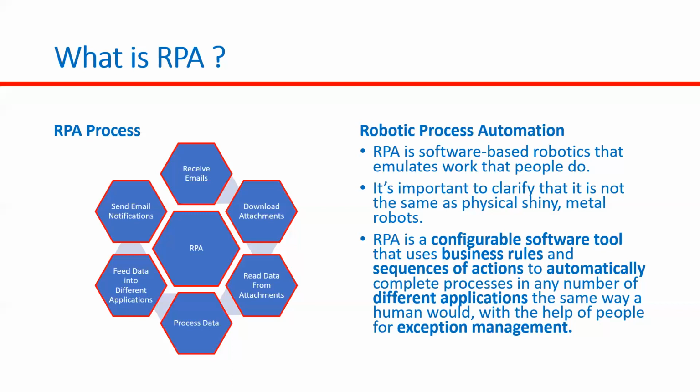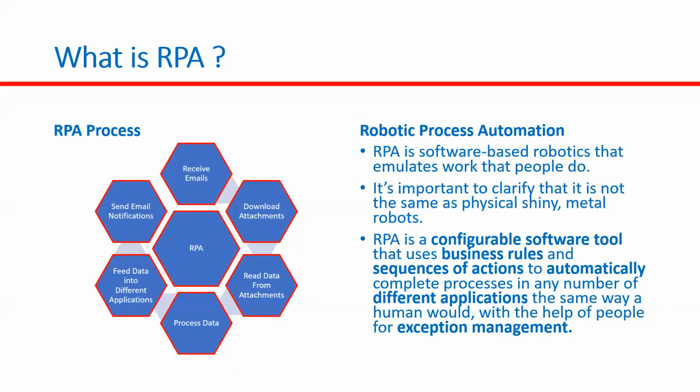So for that, we can develop the automation, whatever the bot, the automation process that we are developing, that will do all this job. And after reading the data from those attachments, the bot will process that data.